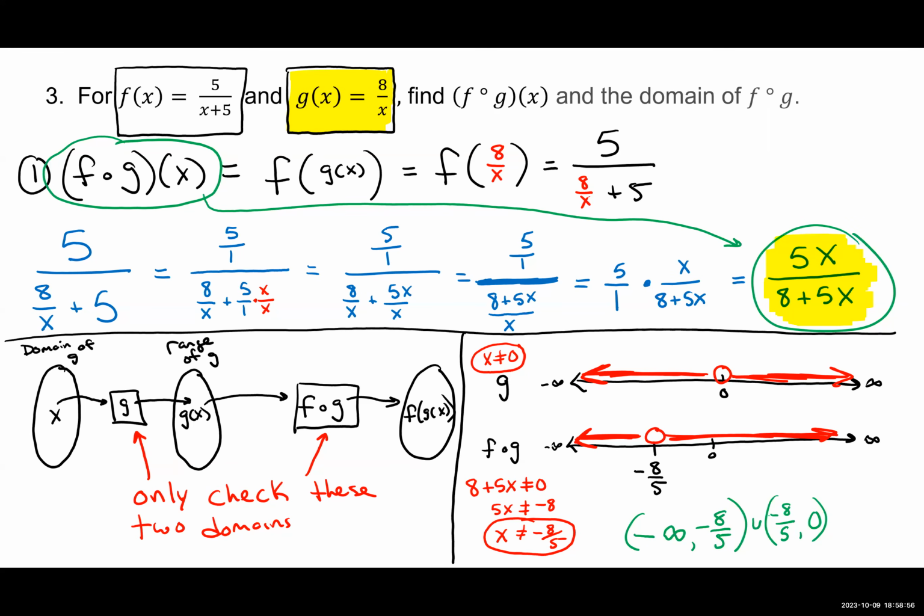So we'll do the union. Let me write this a little bit smaller. Negative infinity to negative 8 over 5.